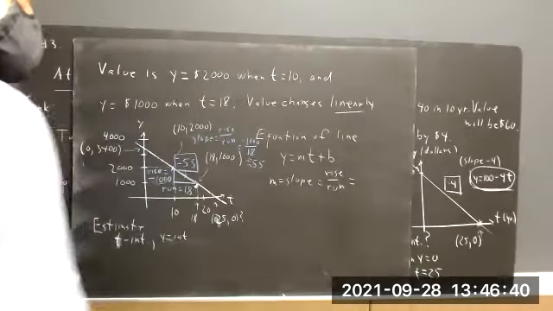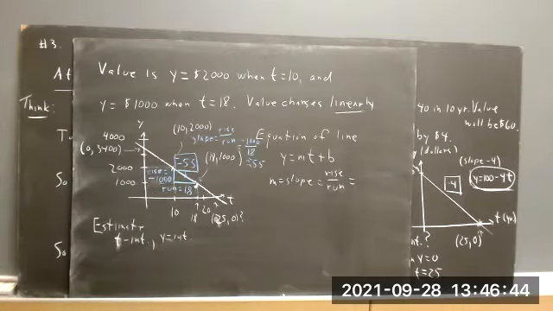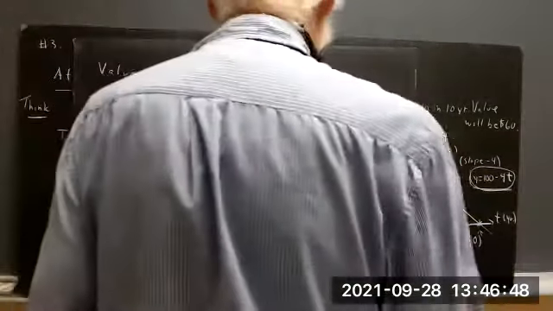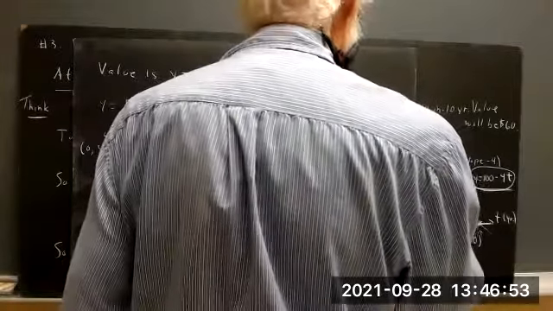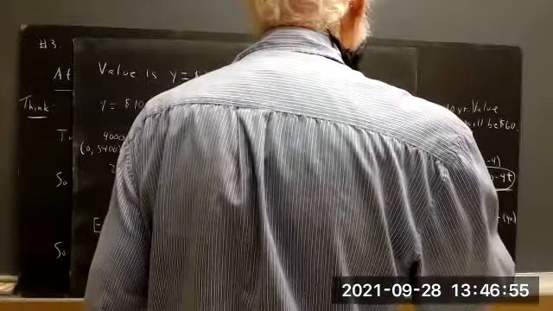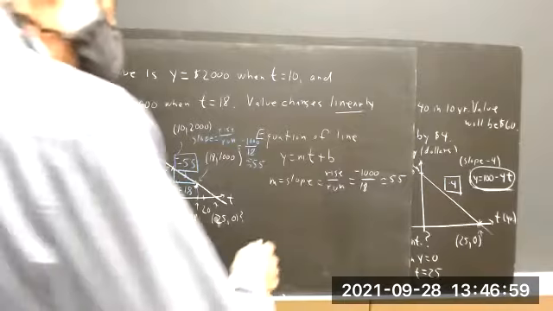And I'll put it there, and now I've got all the information that tells me how I got the slope. So that should be a familiar process, but that's what we're going to do. Rise over run was negative 1000 over 18. Approximately 55.